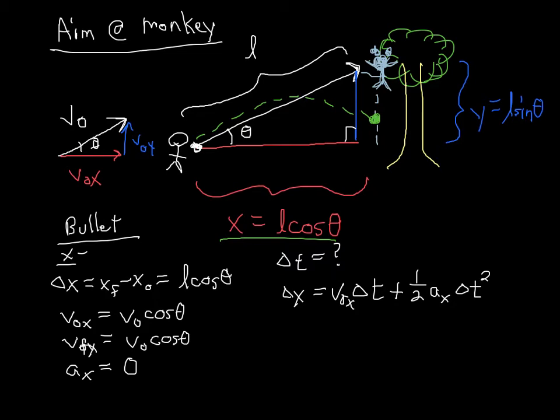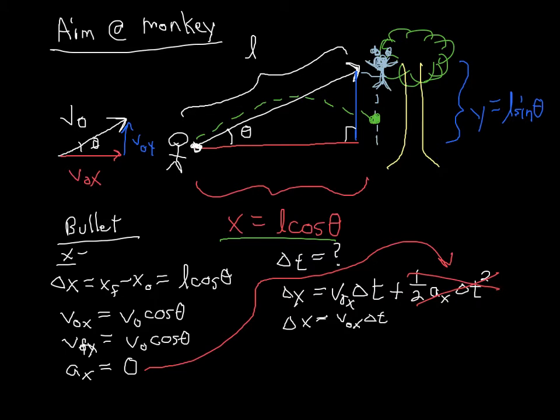And I can see right away this 1/2 a_x delta t squared goes away because I plug in my wonderful little 0 acceleration in the x direction, so that all cancels out, and I find delta x is equal to v0x times delta t.